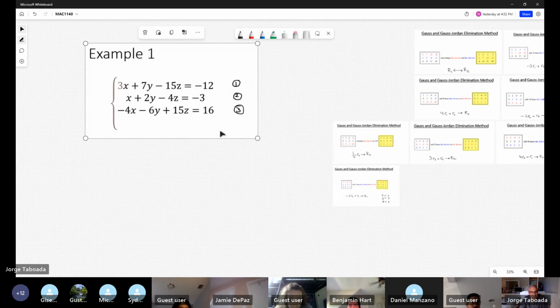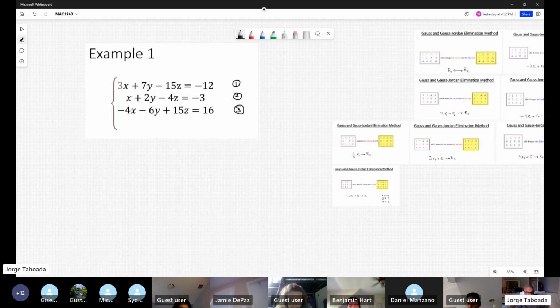Okay, and immediately you try to solve it using matrices: you write the matrix associated with the system. Okay, 3, 7, -15, -12. I put a vertical line to separate the coefficients from the right-hand side number. This is 1, this is 2, this is -4, this is -3.